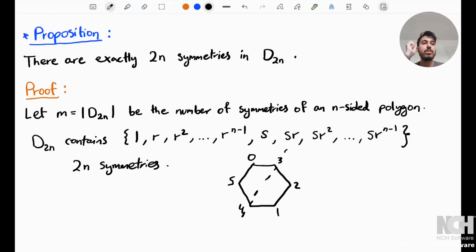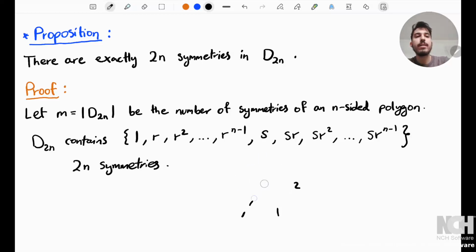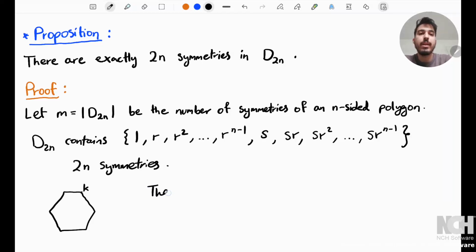So I will make use of this fact to count the number of symmetries. Note that to place a vertex K, I have 6 choices in the hexagon, or n choices in general. There are n choices for K. And afterwards, what about K plus 1 and K minus 1?